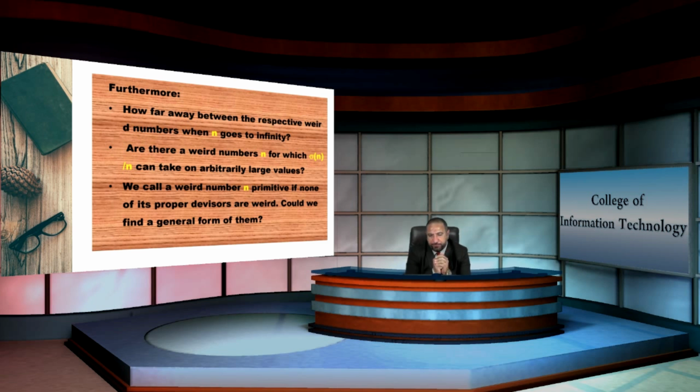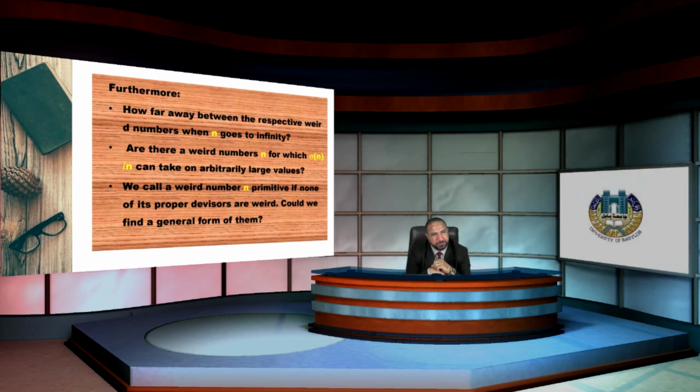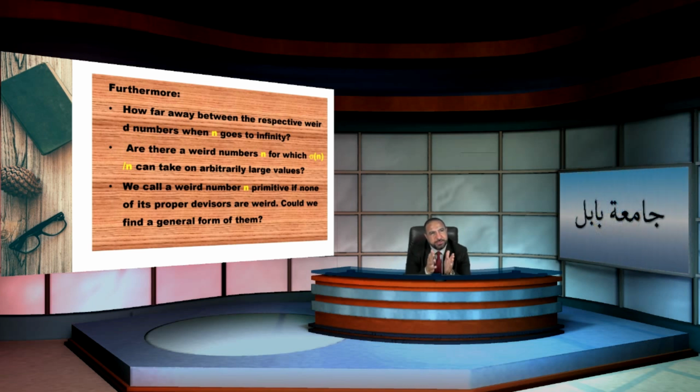For instance, take the distribution of primes, which start from 2, 3, 5, 7, and so on. We can say that no one can control the gap between consecutive primes. In a similar way, no one can control the gap between the relative weak numbers.